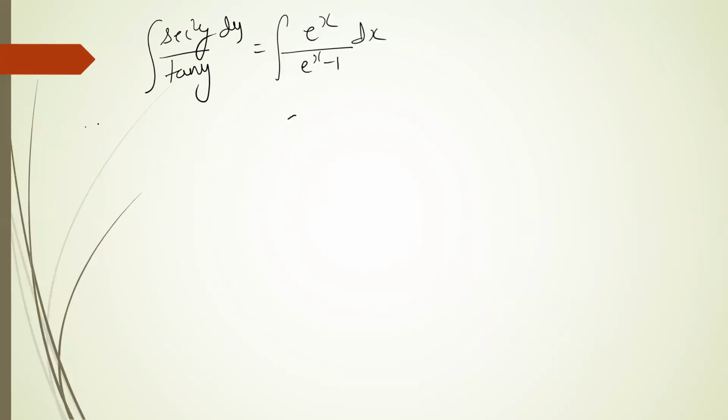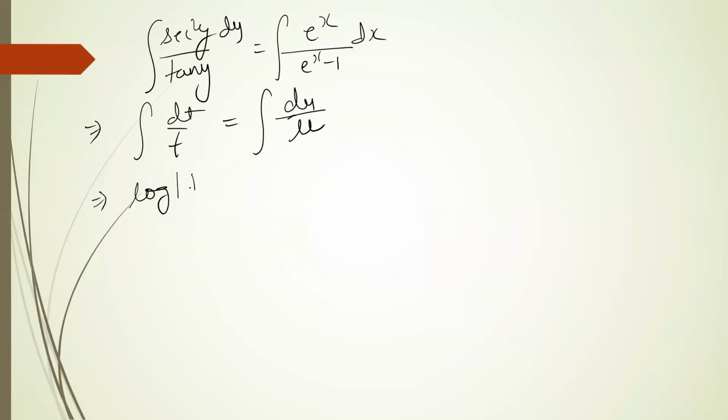So we have sec square y dy upon tan y, which is equal to e to the power x upon e to the power x minus 1 dx, which can further be written as dt upon t equals du upon u, which after solving becomes log of mod t equals log of mod u plus log of c.